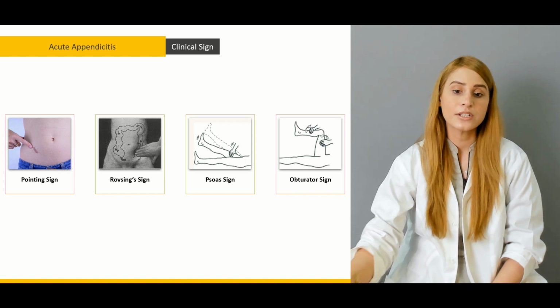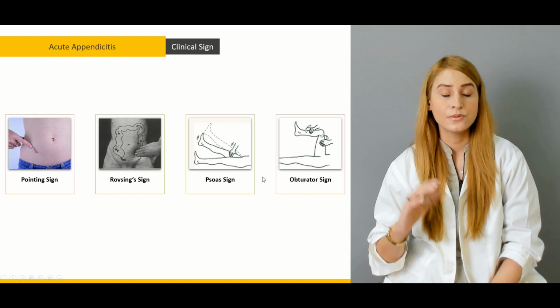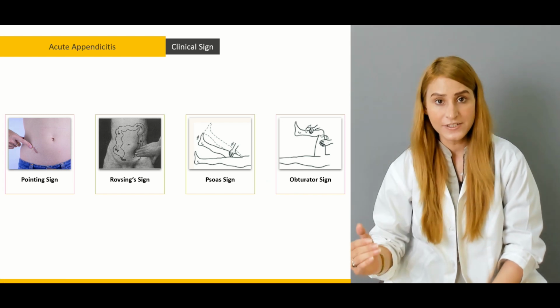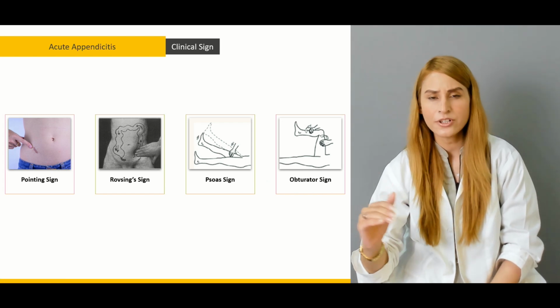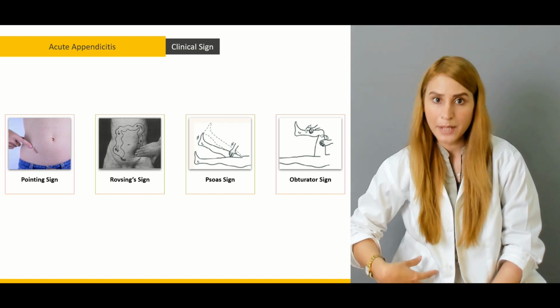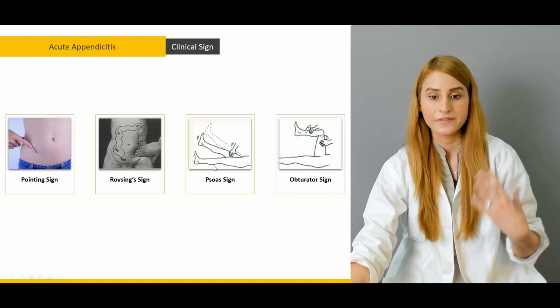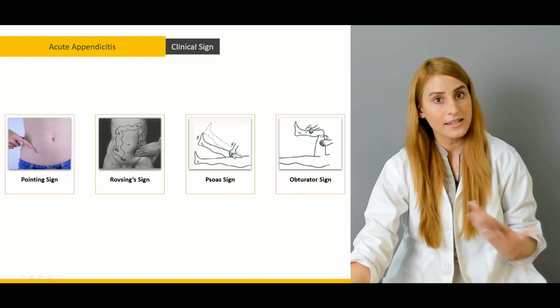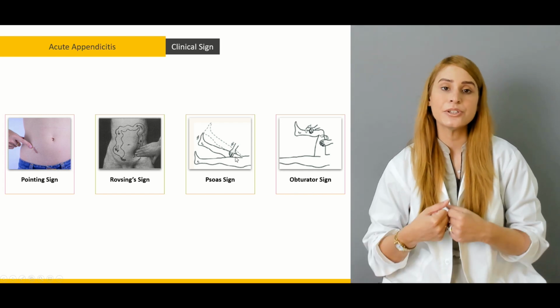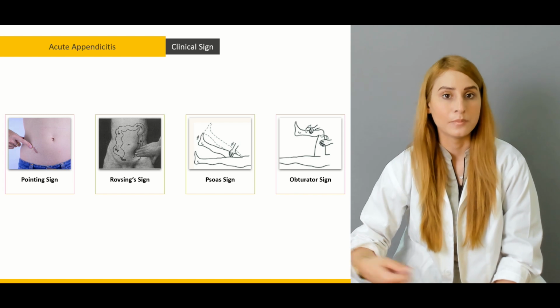In Psoas sign, what you do is you ask the patient to turn left, right? To turn on a left lateral position, and then you extend the hip and you extend the knee joint as well. That means that the whole of the leg is extended, and then you try to abduct the leg externally.